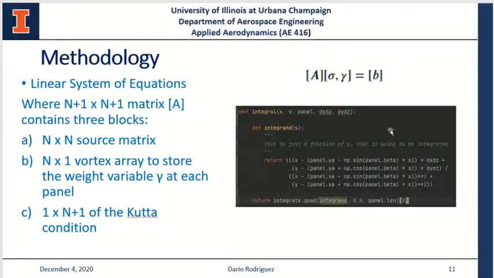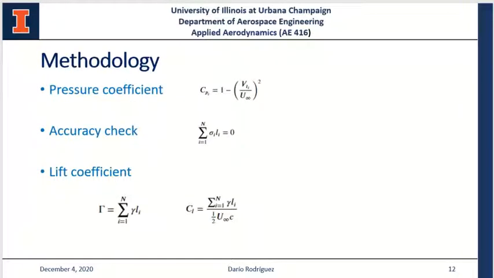So after all those operations carried out through linear algebra, we end up knowing this column of unknowns, and then what we are able to calculate is the pressure coefficient, which is a function of the tangential velocity component on the airfoil surface.